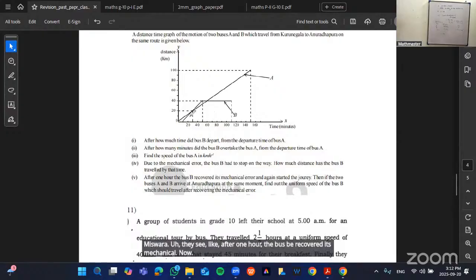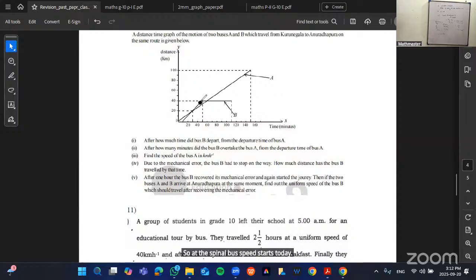Now think. When both bus A and bus B started the journey, bus B is traveling here, and at this point bus B starts to brake.